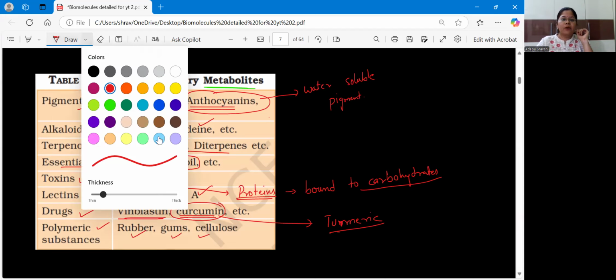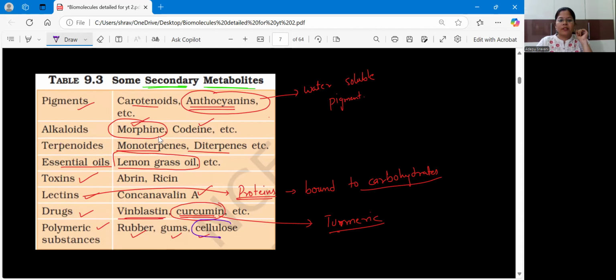Now, here again, very, very important if you talk about cellulose. See, where do we find cellulose? It is seen in the cell wall of plants. So if someone asks you what is the function of cellulose, we can easily say it is present in the cell wall. It is giving protection or it is involved in giving the structure of the cell in the plant, isn't it? So even though we know the function of cellulose, still it comes under secondary metabolite.